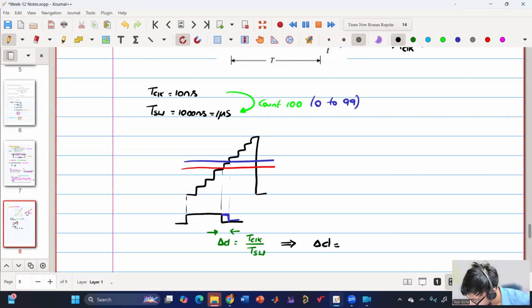One by 100. Very good. So it is 0.01. So my duty ratio cannot be 0.355. It can be 0.35 or it can be 0.36. 0.355 is not possible. Okay.